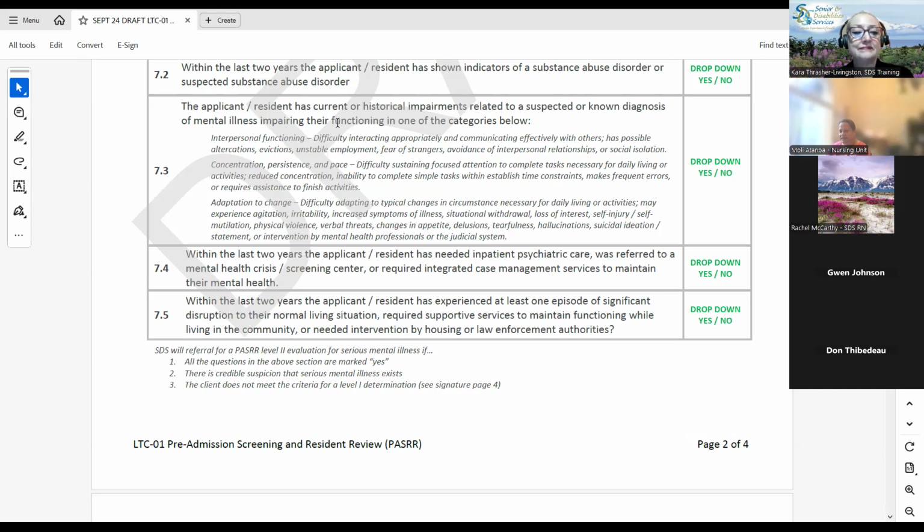So who is responsible for getting the PASRR 1 determination? It is the hospital. Once the determination is made that there is intent to admit to the long-term care facility, the hospital needs to complete the PASRR level 1 screening form prior to admission.